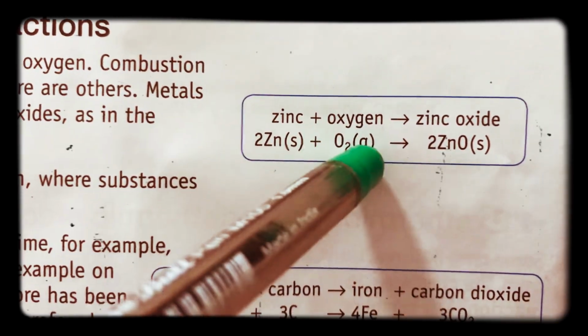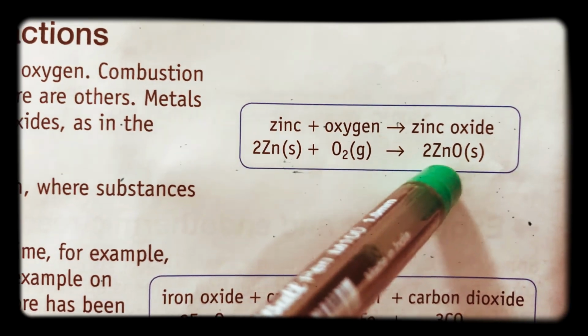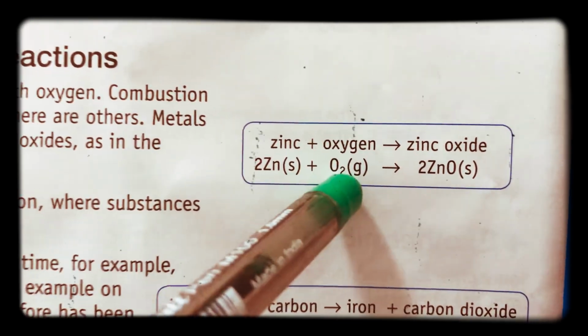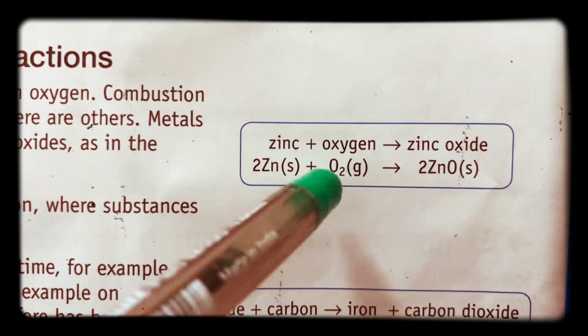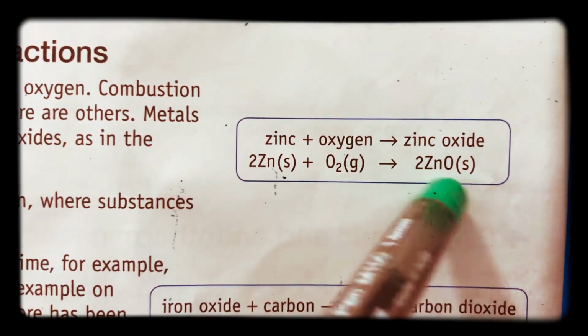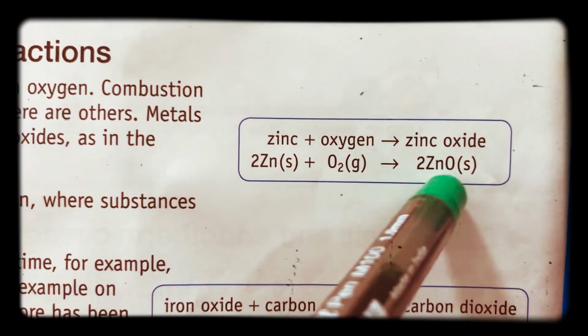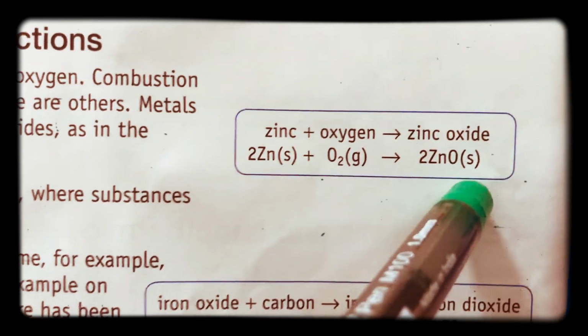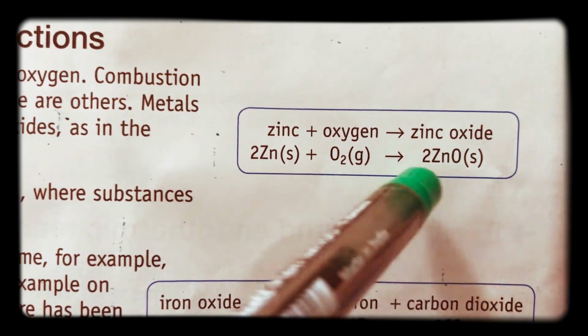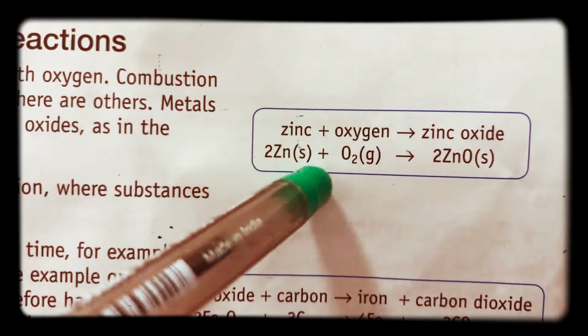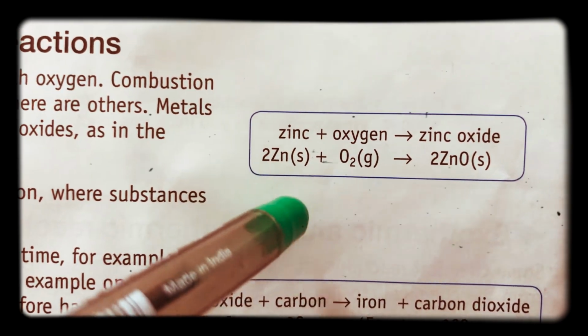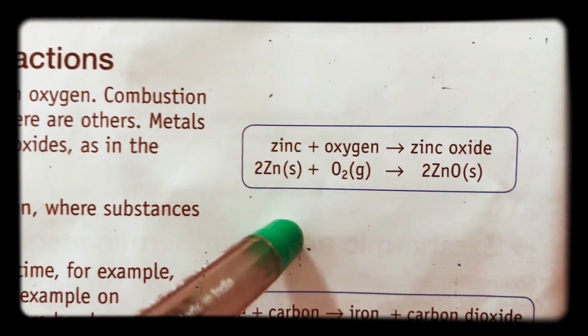So zinc plus oxygen, it actually forms zinc oxide. It's a 1-to-1 ratio. So because oxygen is a diatomic molecule, you have to have two zincs because you then have two ZnOs to balance it out. And zinc oxide is actually a solid. So metals, typically, can react with oxygen when heated to form metal oxides, as in this example.